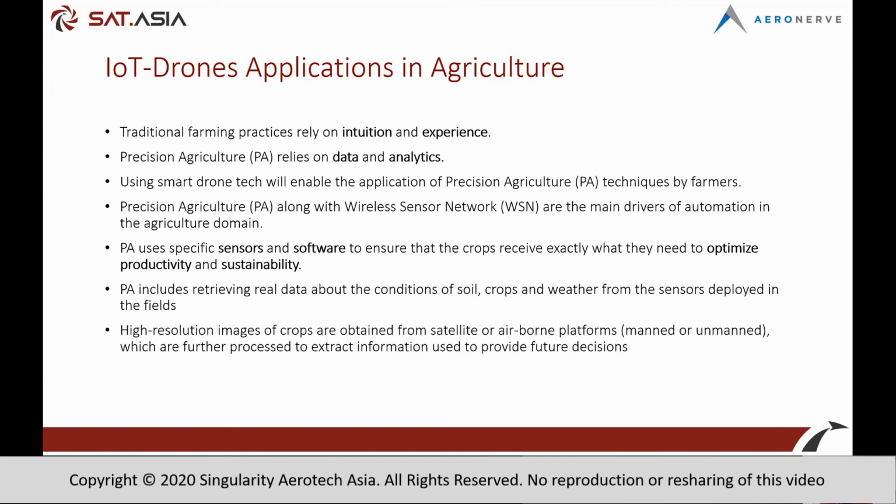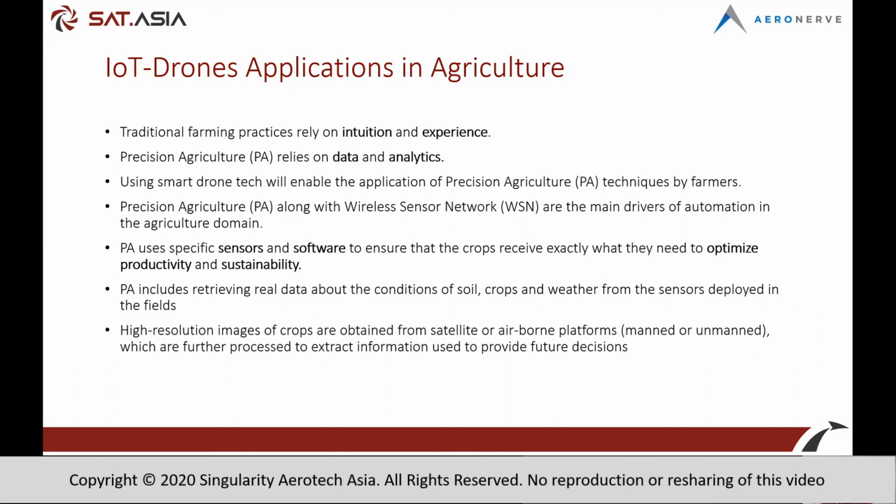But precision agriculture relies more on data and analytics. So traditional farming is now moving towards precision agriculture, and smart drones enable a lot of applications in precision farming techniques by the farmers.